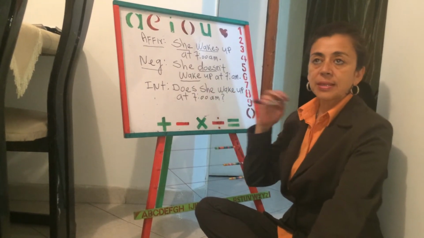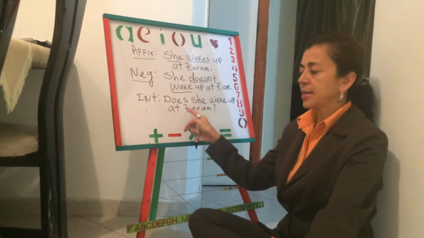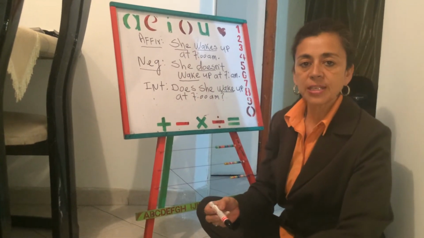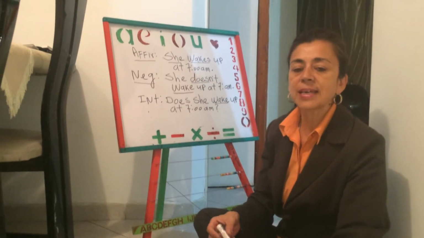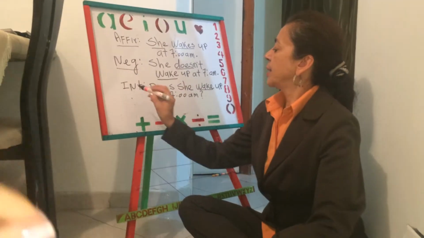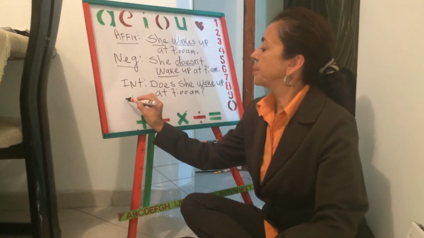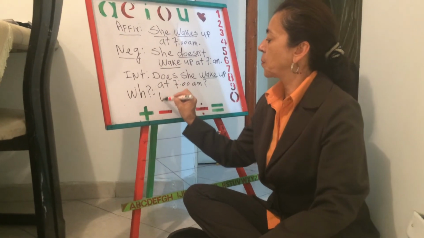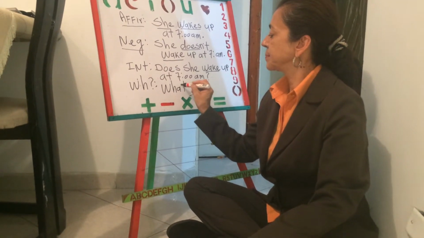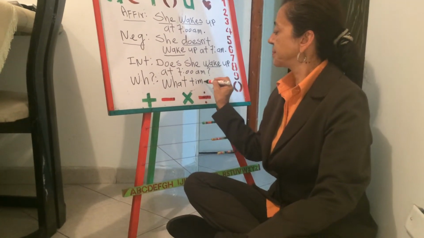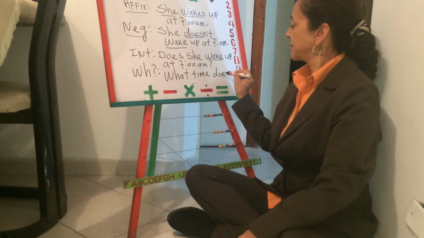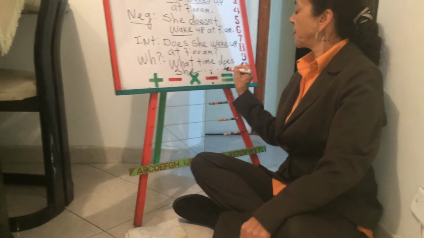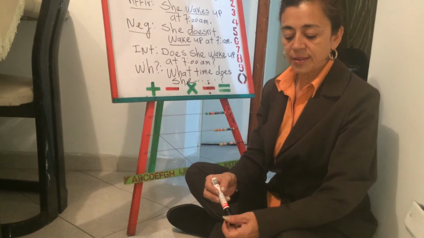The same happens here with the auxiliary, because the auxiliary does is here, the verb does not take the S. Okay? A WH question could be, what time does she wake up? And an interrogative.